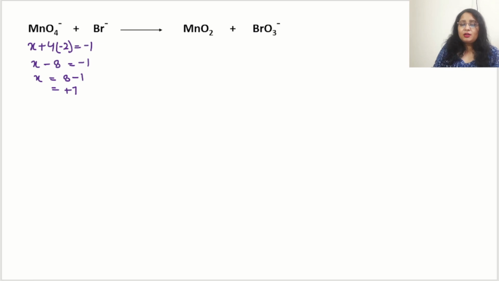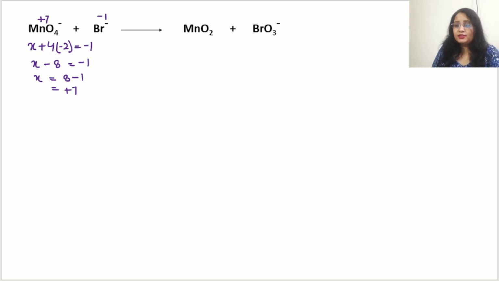So manganese has a +7 state on the left hand side. After that, we come to the bromide ion. Here bromine has -1 charge, because it is in ionic form, so -1 is its oxidation state.